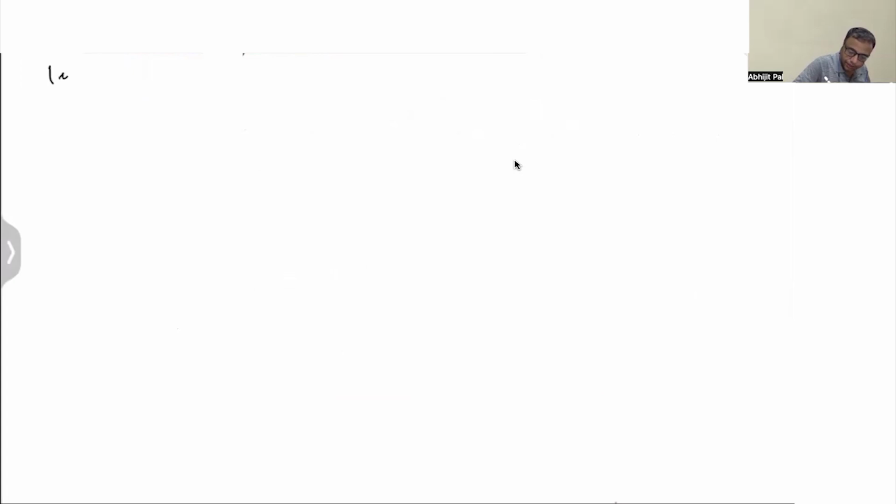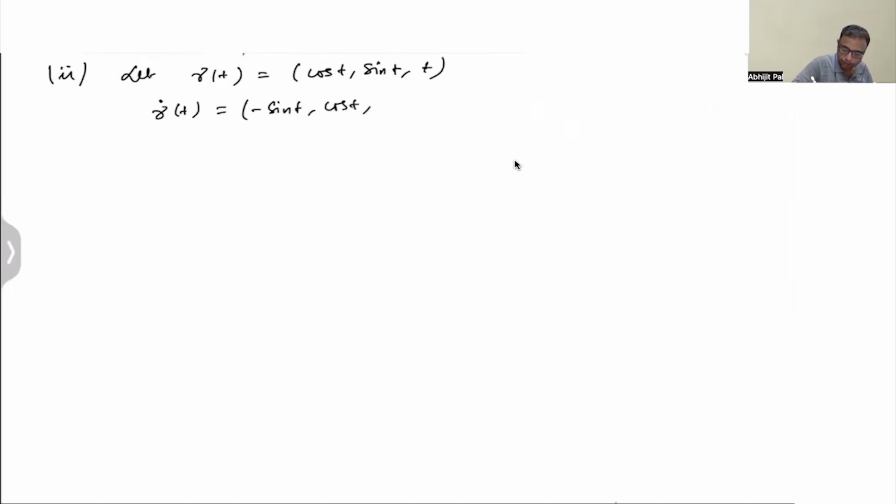So now let us take another curve in R3. Let us take gamma(t) to be (cos t, sin t, t). And you can compute the velocity vector. So gamma dot t is equal to (minus sin t, cos t, 1). Now you can use that formula.